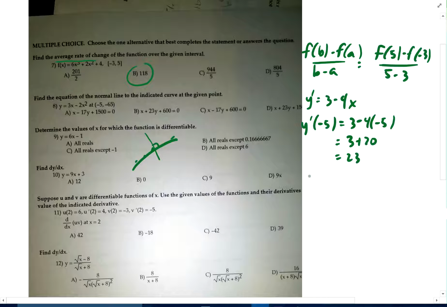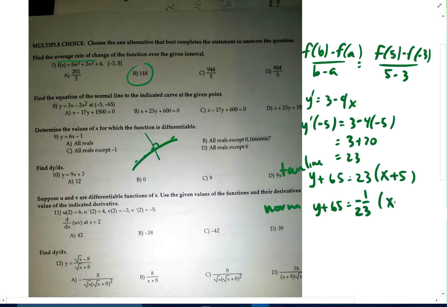So the equation of the tangent line would be y plus 65 equals the slope 23 times x plus 5. That's the tangent line. So the normal line is y plus 65 equals the opposite reciprocal, right, because that's the perpendicular slope, times x plus 5, which if you put that in standard form, that's going to end up being D, which is that one right there.